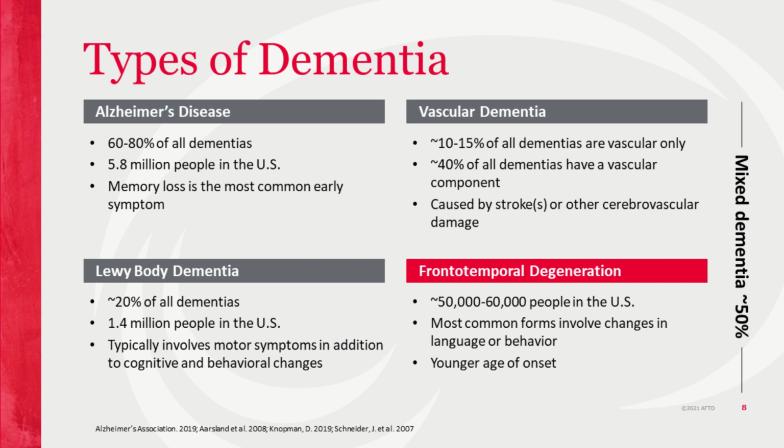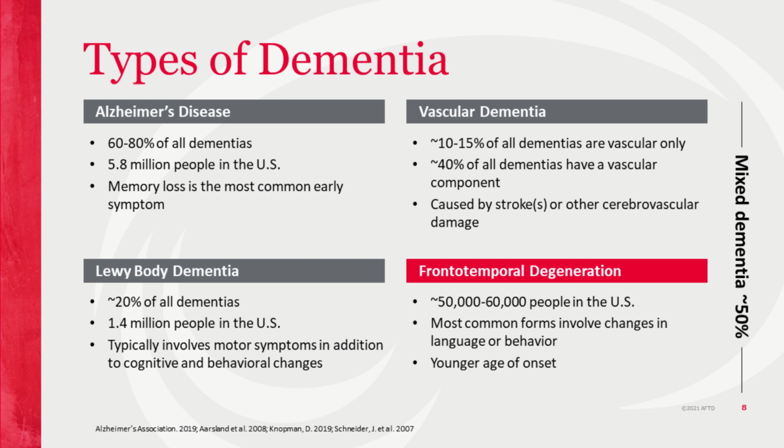Contrasting that with Lewy body dementia, which is about 20% of all dementias, around 1.4 million people in the U.S., and typically the initial symptoms are motor movement challenges. People are often thought to have Parkinson's initially. There are some distinct differences, and in particular, people with Lewy body dementia can have very vivid hallucinations.